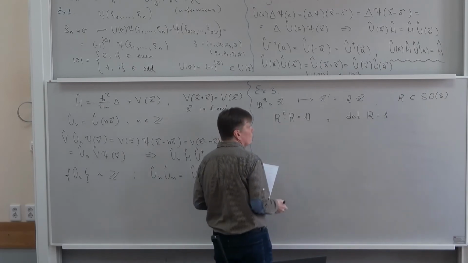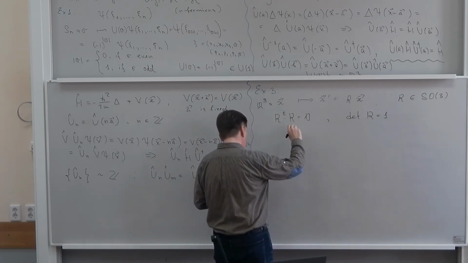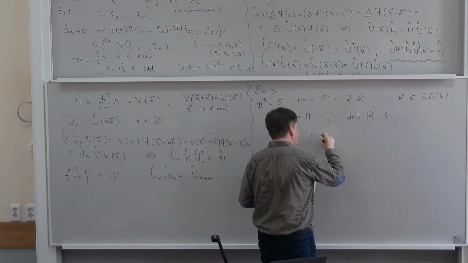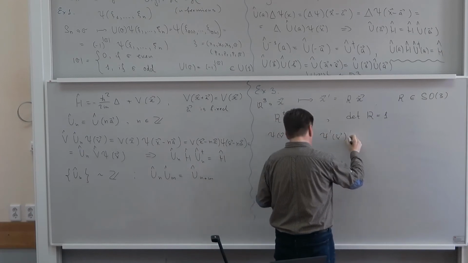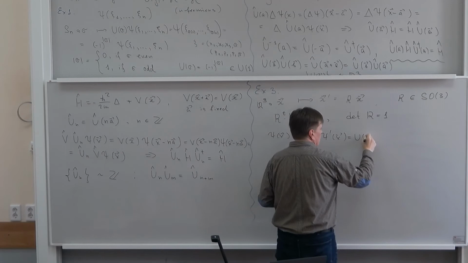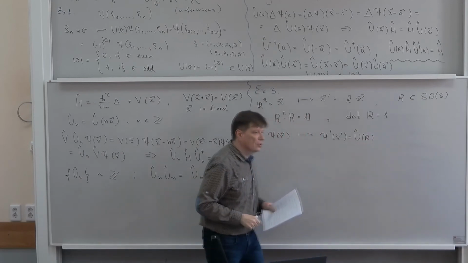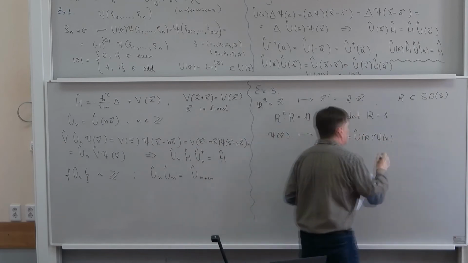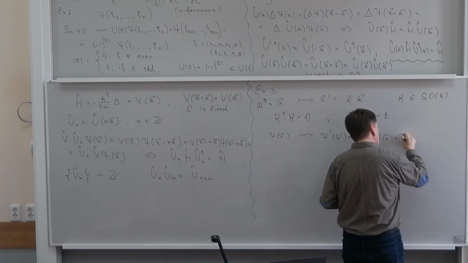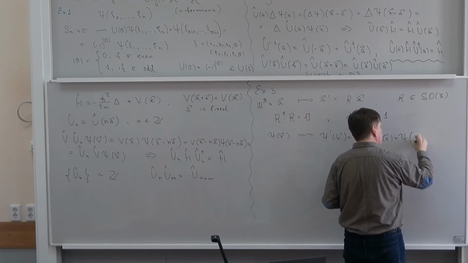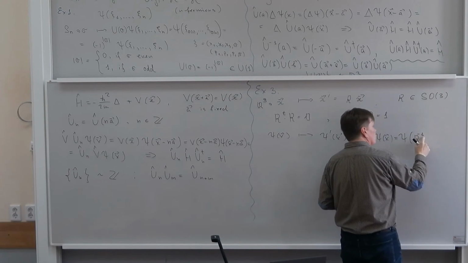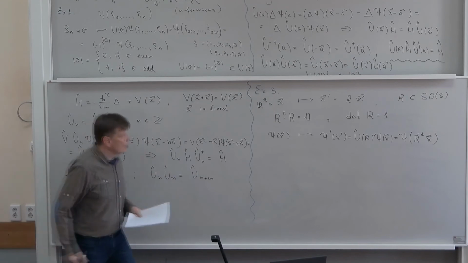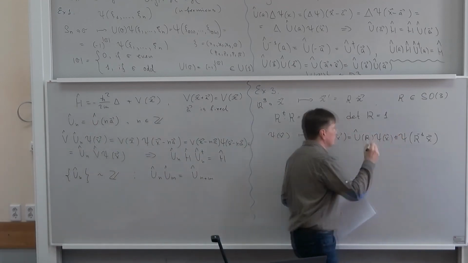In the coordinate representation, we have psi(x) going to psi'(x), which may be thought of as the result of applying some unitary operator U(R) to the original function psi(x). And the result is psi of R to the minus 1 power acting upon x. This is the definition of the operator U(R).